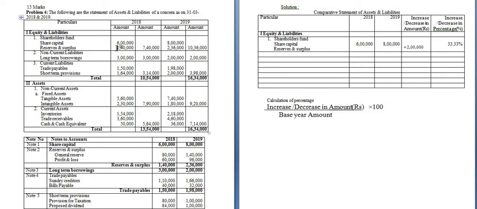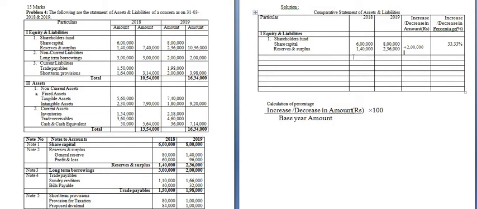Now what is the amount of reserves and surplus in 2018? It is 1,40,000. So write the amount in 2018 column 1,40,000. And what about 2019? It is 2,36,000. Okay. Now make the comparison.